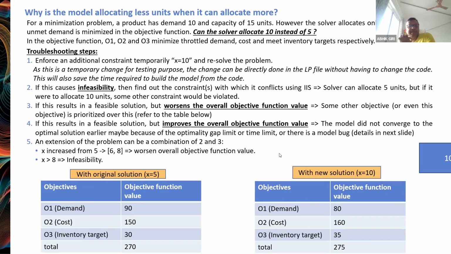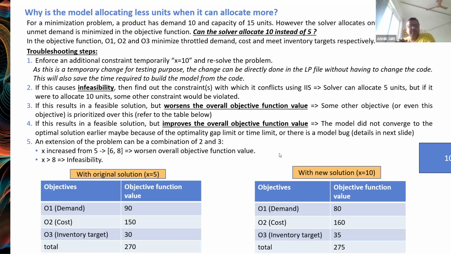Okay, IIS is irreducible infeasible subset. It is the smallest subset of constraints where if you remove even one constraint, the model would be feasible. So you can find out the reason for infeasibility using IIS.